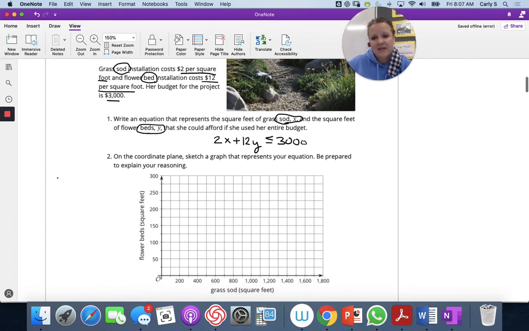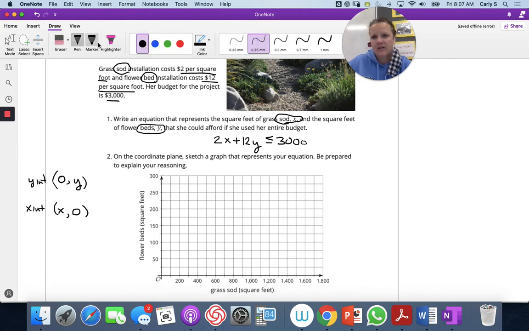When I sketch graphs like this, I just find the x-intercept and the y-intercept. The x-intercept is where y is 0, and this right here is the y-intercept. Oh my goodness, it's still early. So I'm going to substitute 0 in for x.